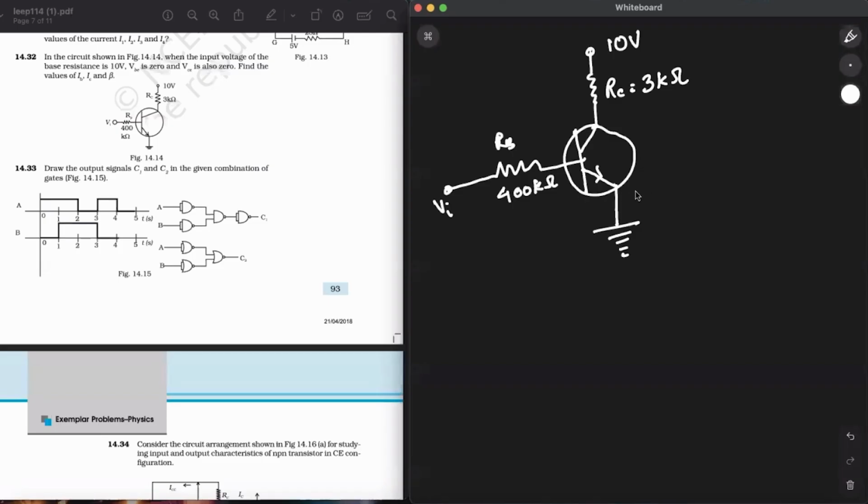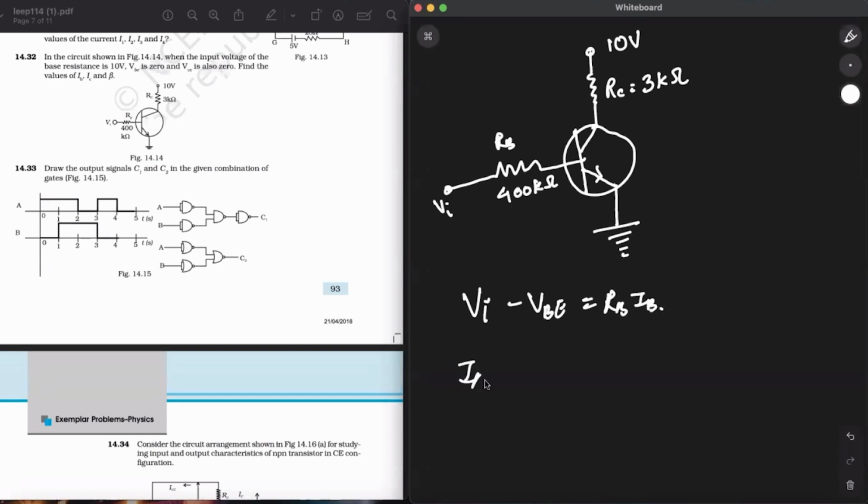Okay. So according to the problem, we already know V input is equal to 10 volt, resistance RB is equal to 400 kilo ohm, voltage across BE is 0, voltage across CE is 0, and RC is equal to 3 kilo ohm. All correct. So now I'm starting. So V input minus VBE, which is the potential drop, is equal to RB times IB. Okay.